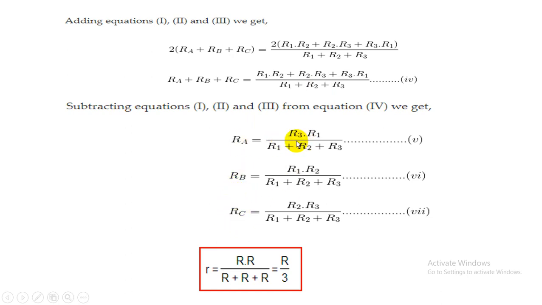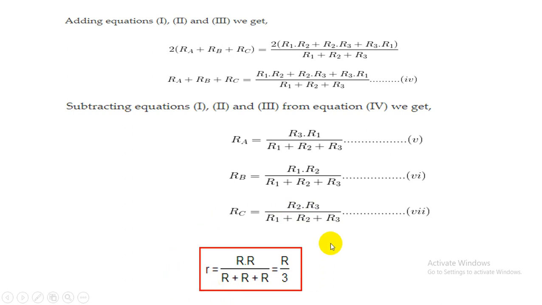RA is equal to R3 R1 upon R1 plus R2 plus R3. RB is equal to R1 R2 upon R1 plus R2 plus R3. RC is equal to R2 R3 upon R1 plus R2 plus R3. Like that we are getting.